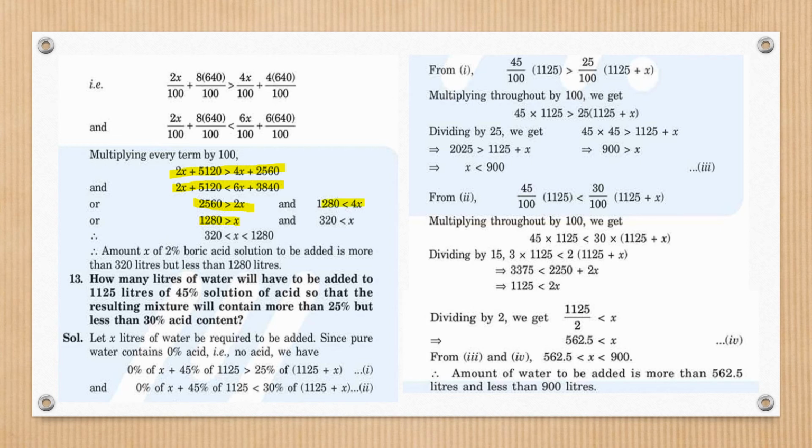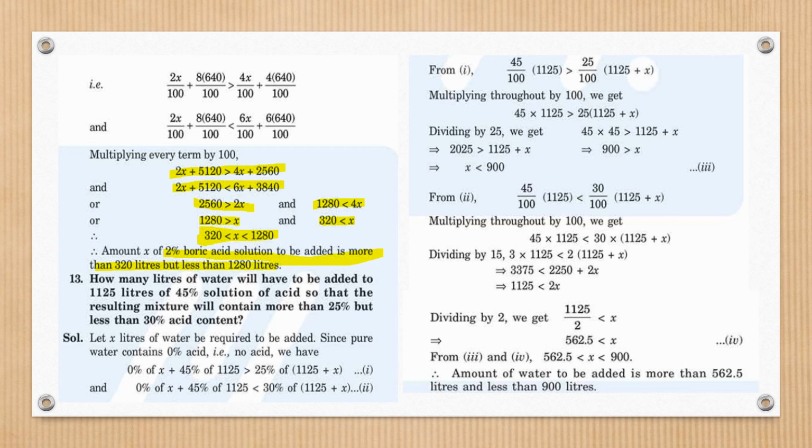And the second one is 320 less than x, means x is lying between 320 and 1280. So the amount x of 2% boric acid solution which is to be added should be more than 320 liters but less than 1280 liters.